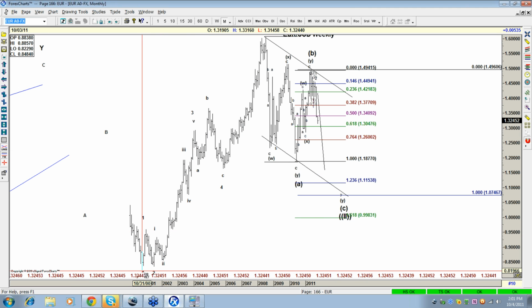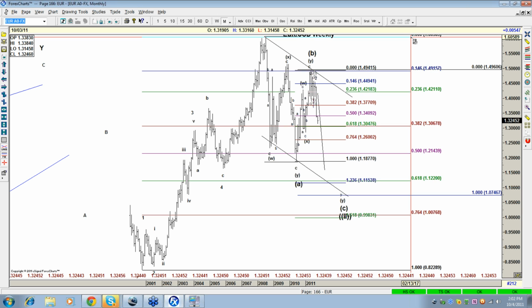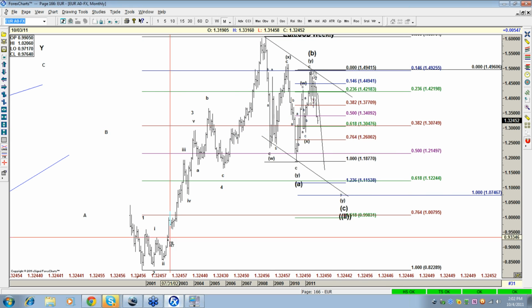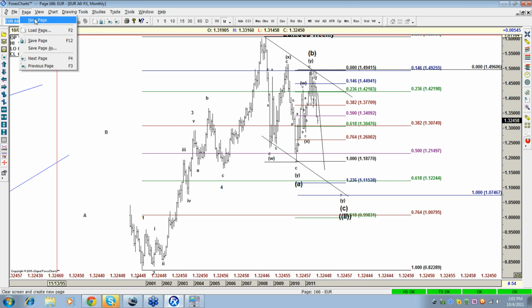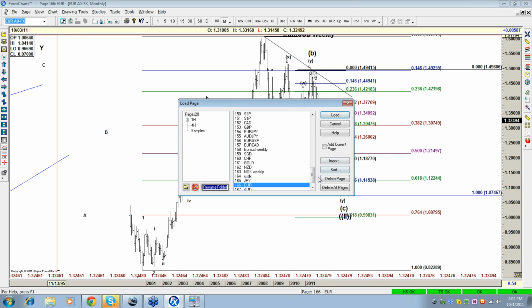And then he says from here to here, yeah, that's a good point. The 30 of the whole move is at the same level as the 618. That's what I say. Now let's move on to the euro, let's get deep into the 1 hour chart.